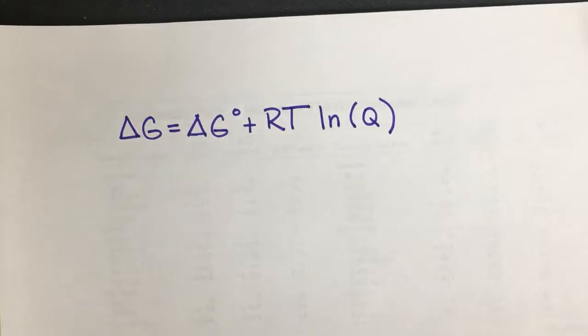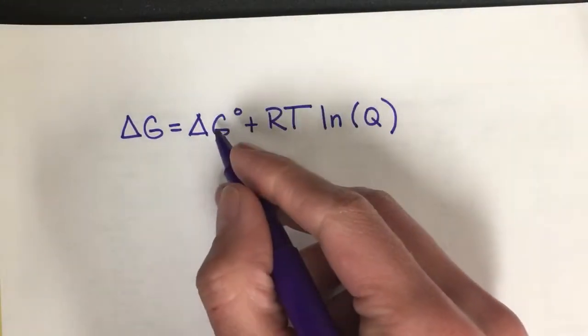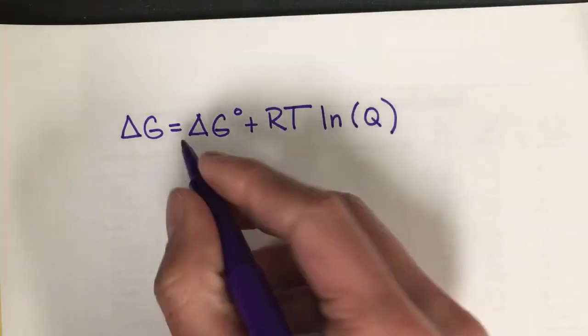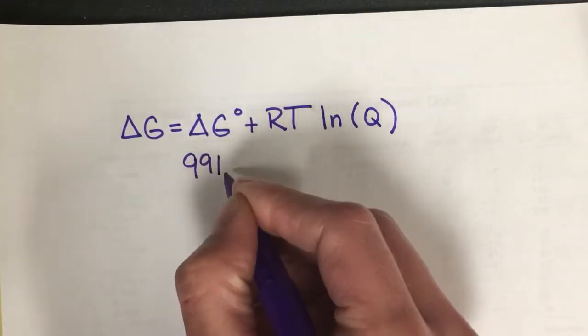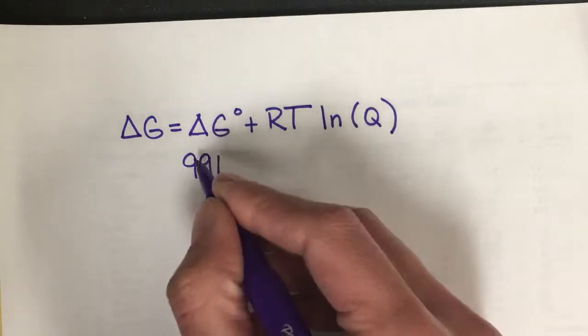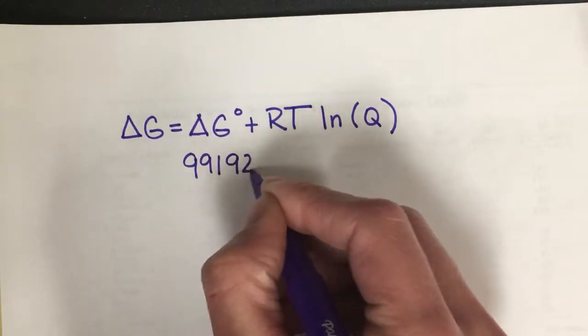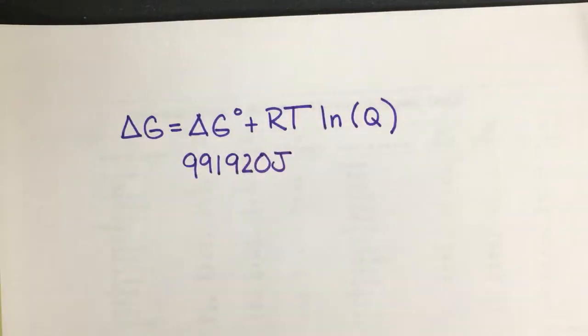So first thing I'm going to do is change my delta G standard that I just calculated into joules. So instead of 991 point, I'm going to have 991,920 joules.